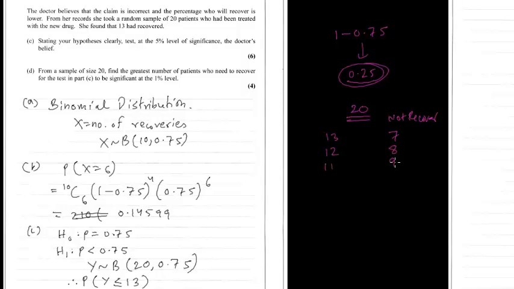If 11 people recover, that means 9 do not recover. If 10 people recover, that means 10 do not recover. In other words, Y is less than or equal to 13 means A is greater than or equal to 7. So this can be converted to this.